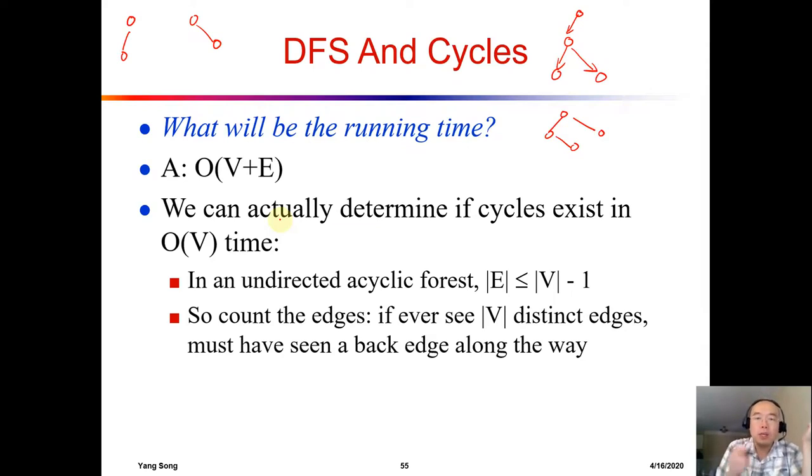In other words, if E is higher than V minus 1, it is guaranteed that there will be a cycle, and our algorithm will be able to detect that. So this is the reason we say that to detect whether cycles exist in a graph, this algorithm can be done in O(V) time.